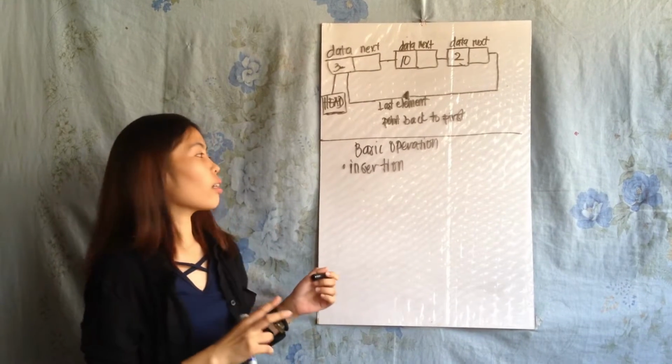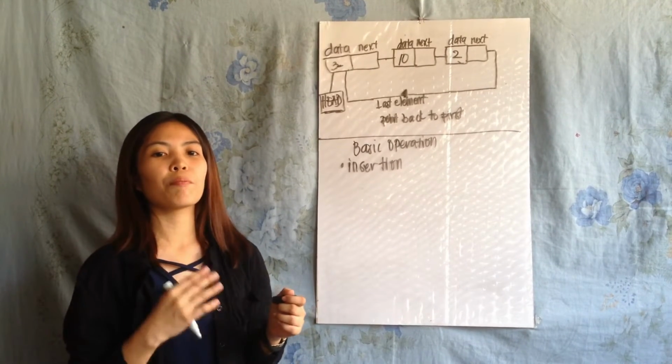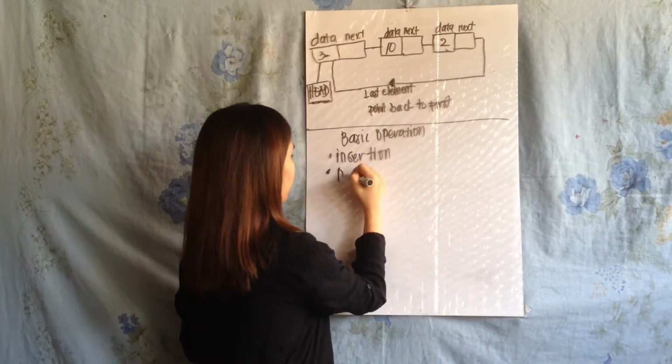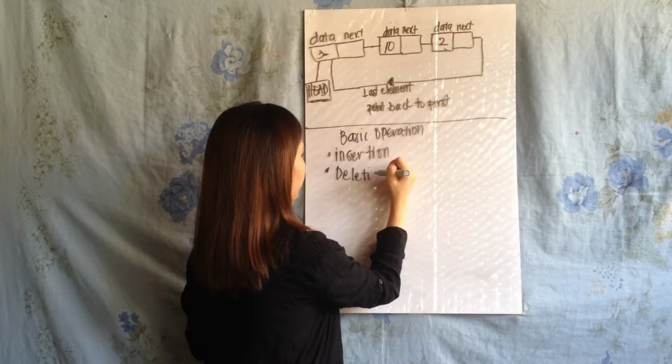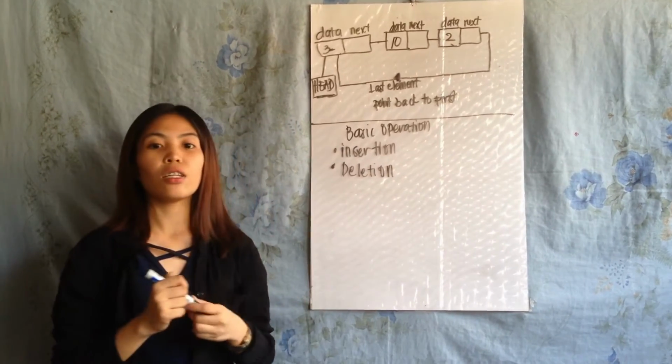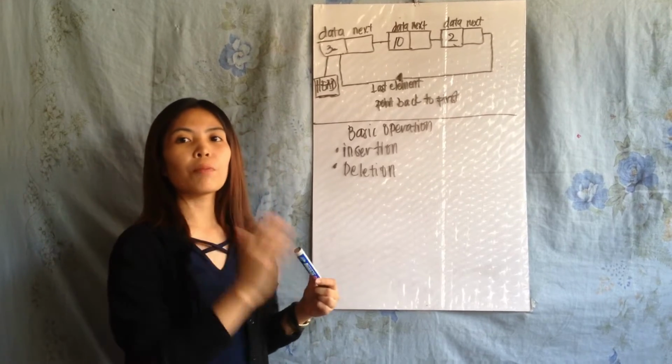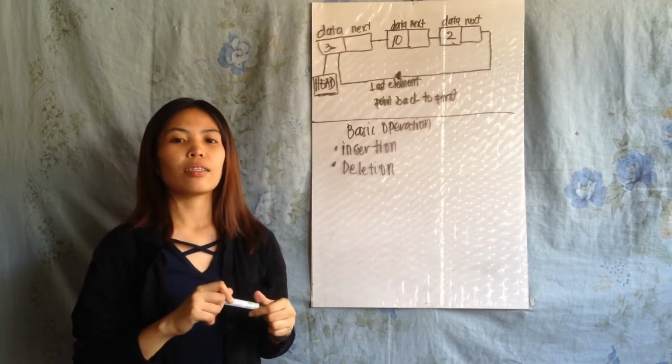So, yung sumunod naman na basic operation ng linked list is the deletion. So, sa deletion, nagdi-delete tayo ng element dun sa umpisa ng list na ginamit natin.